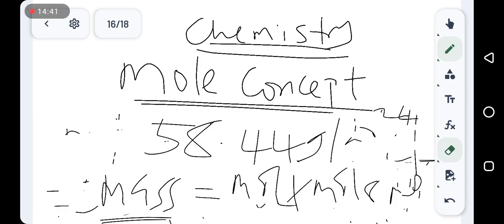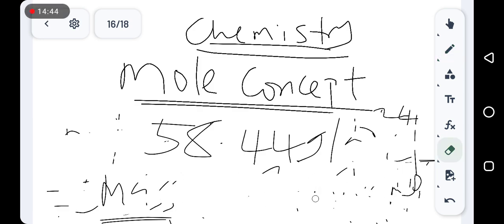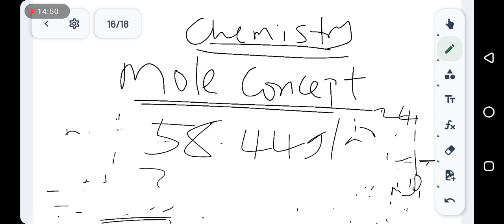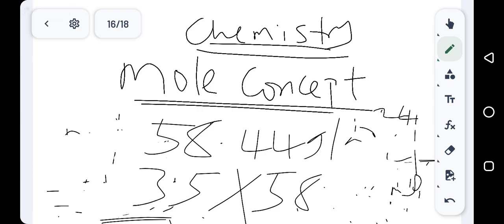So we now put it in the formula. The mass is equal to the mole, which is 3.5, multiplied by the molar mass, which is 58.44.